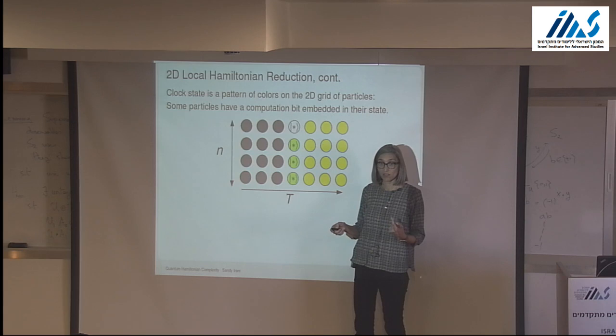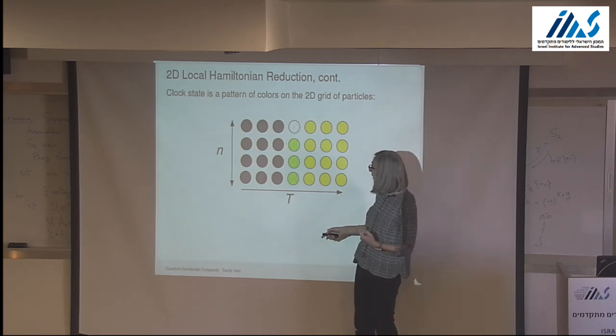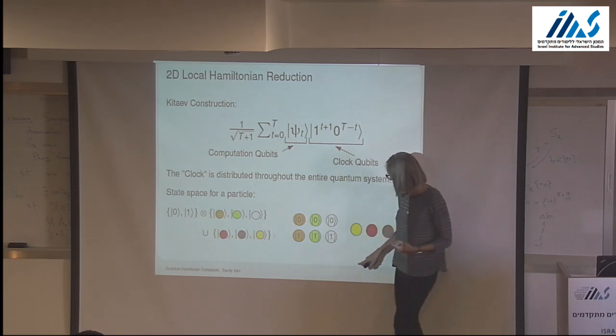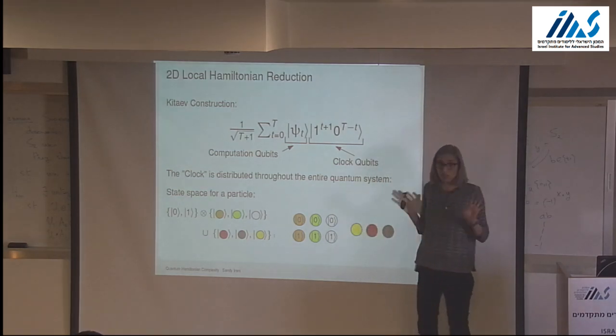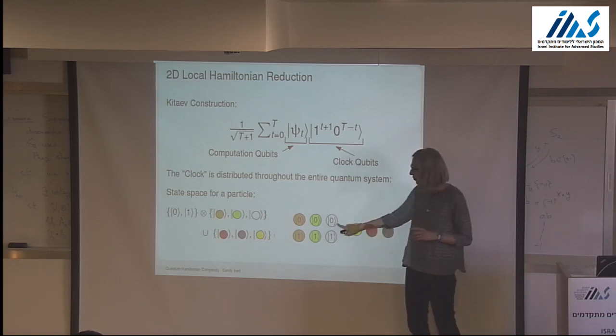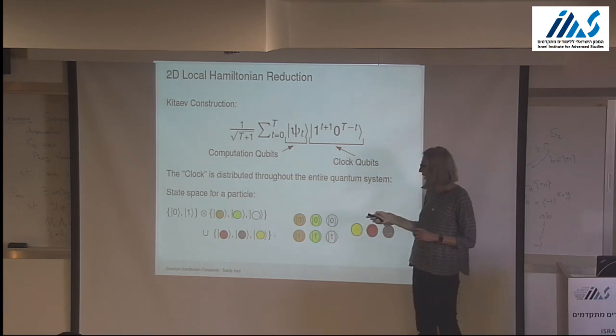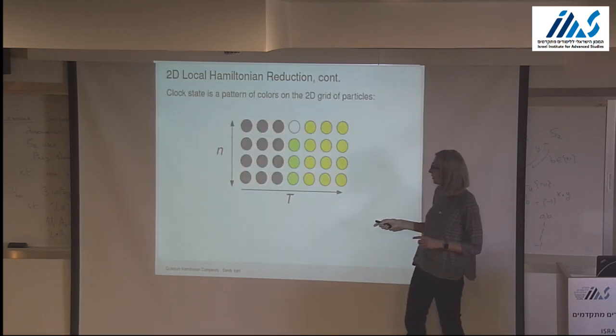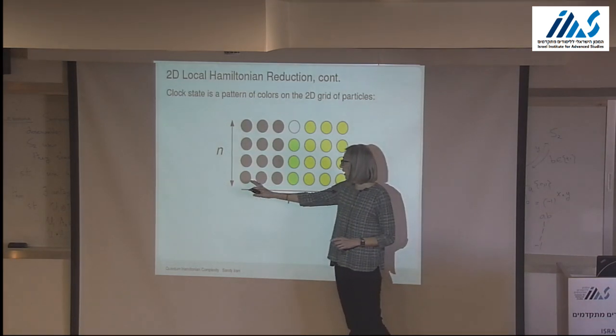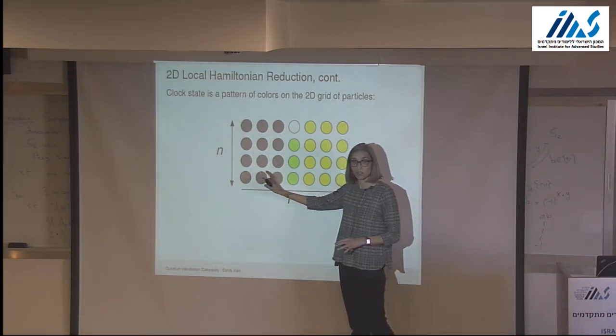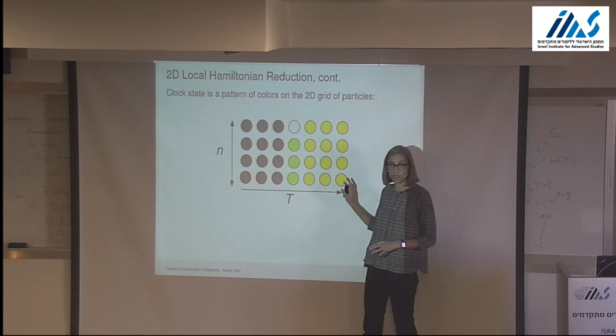So we added more blank time. Some of these clock states don't encode a qubit, and some of them do. So we just added columns of computation with extra empty time. And we need that in order to have time progress from left to right.